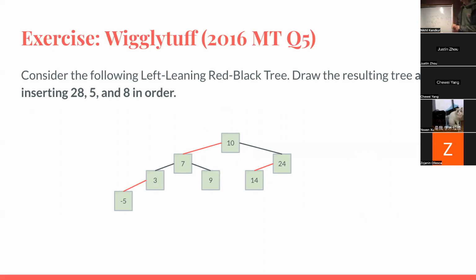Okay, so let's do this quick midterm exercise. We have this LLRB listed above, and we want to draw the resulting tree after inserting 28, 5, and 8. If you don't have a red pen, what I like to do is make the red links dashes, and the black links solid lines. That's an easy way for me to pinpoint the two. I'll give you 30 to 45 seconds to draw this tree.